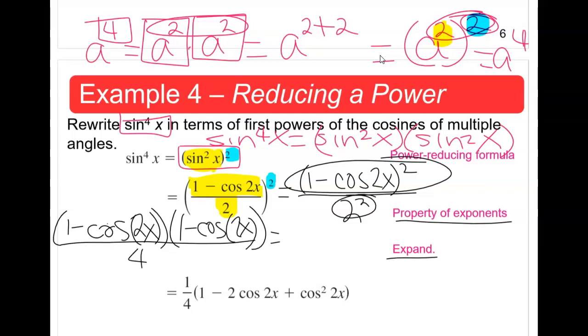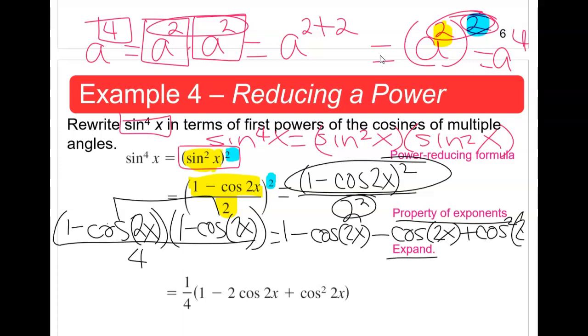So if we expand that, we will get 1 minus cosine of 2x, and then negative cosine of 2x times 1 will be negative cosine of 2x. Or of course, if you know the shortcut, use it, but there's nothing wrong with going the long way. So that will be cosine of 2x times the cosine of 2x will be cosine square of 2x.